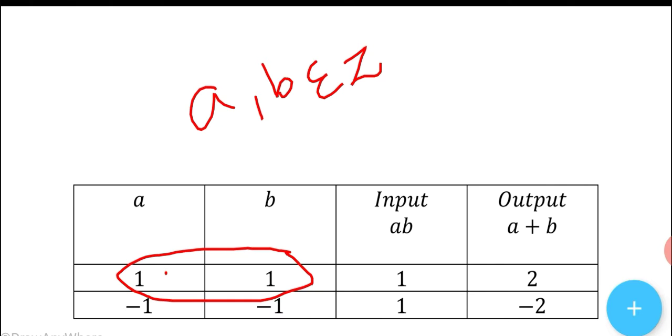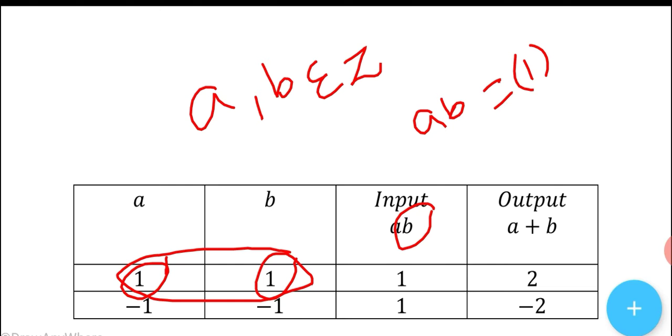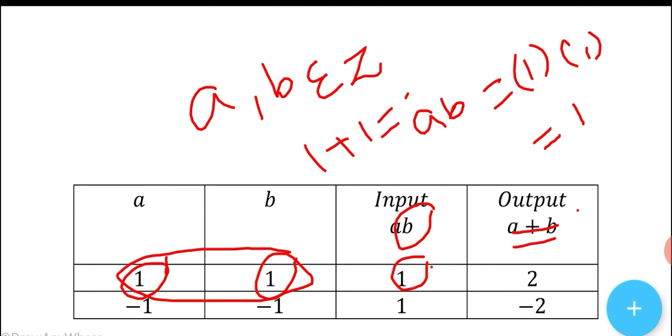So input is ab, which is 1 into 1, that is 1. Output is a plus b, so 1 plus 1 is equal to 2. So input is 1, output is 2.